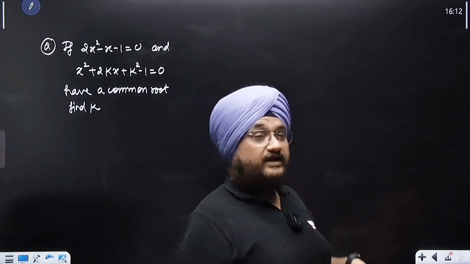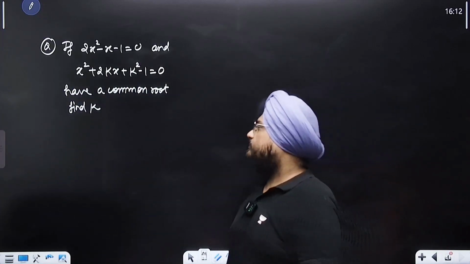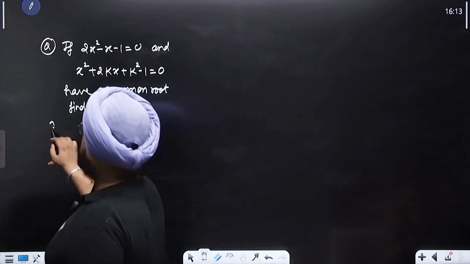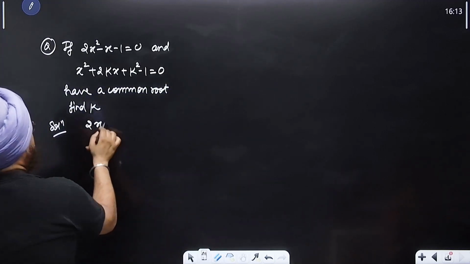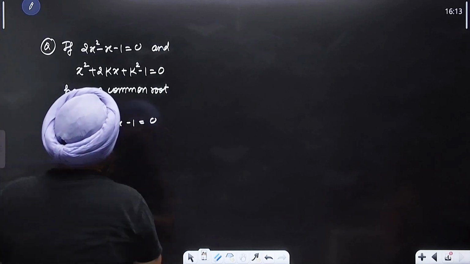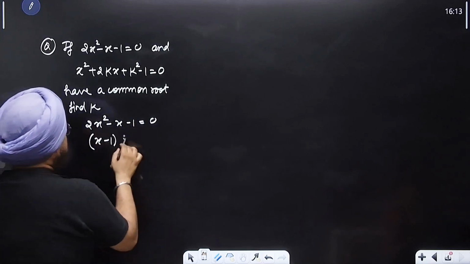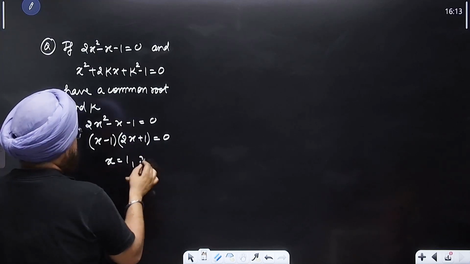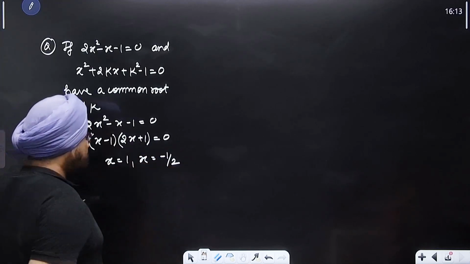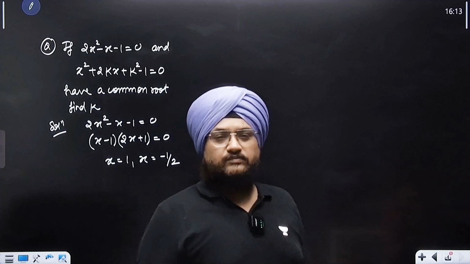So again we are not given whether exactly one root is common or both roots are common, but similarly to the previous question we are given an equation whose roots can be found. x equal to 1 and x equal to minus 1 by 2.